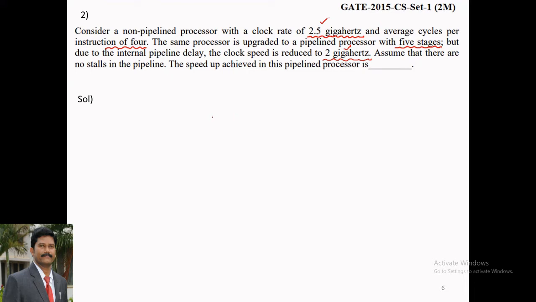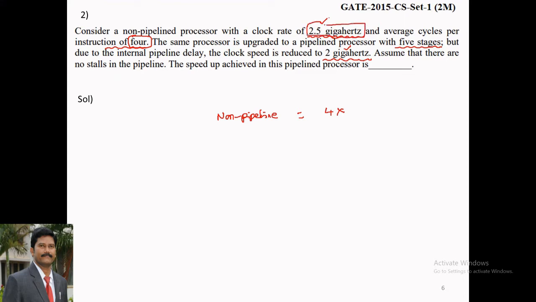Now the time taken to execute one instruction in the non-pipeline processor. He has given that it is 4 clock cycles to execute one instruction. So 4 into, per each clock cycle, that is 1 by frequency.